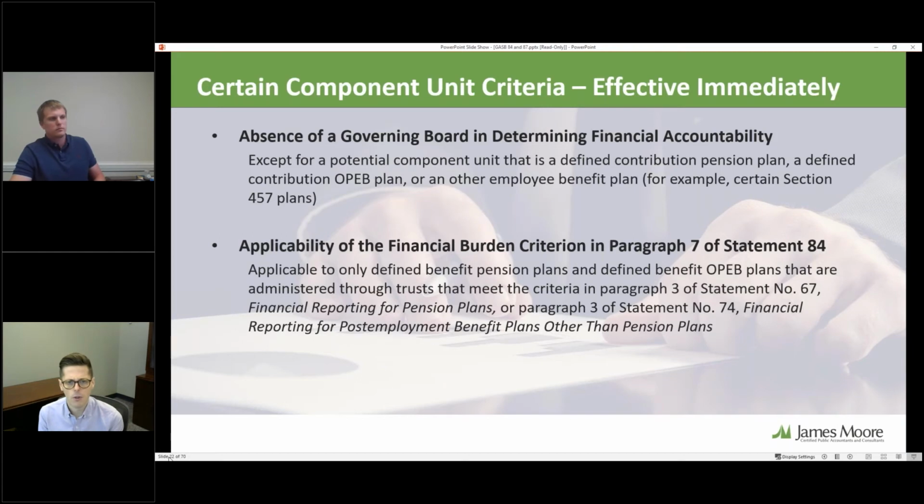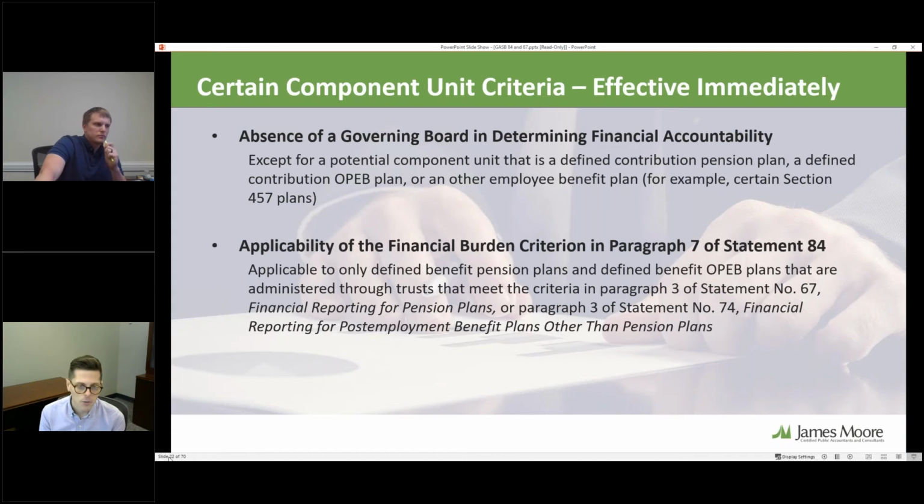Certain component unit criteria is effective immediately, as I mentioned. So the absence of a governing board in determining financial accountability, except for component units that are defined contribution pension plans, defined contribution OPEB plans, or other employee benefit plans like 457s.